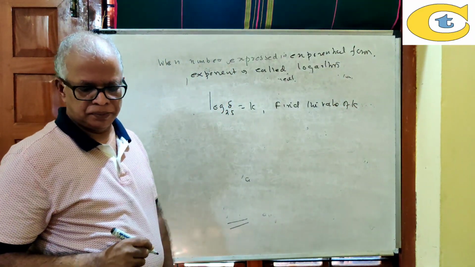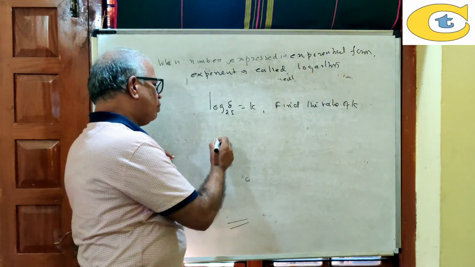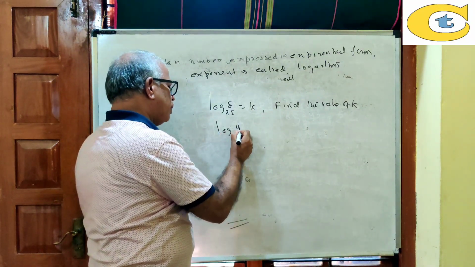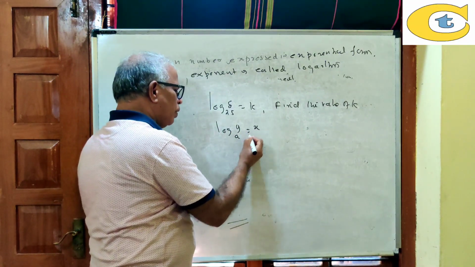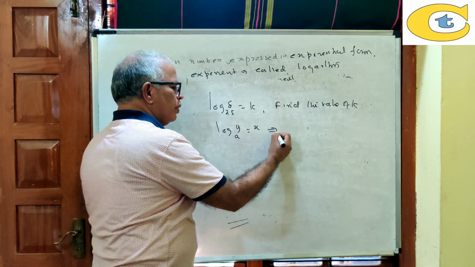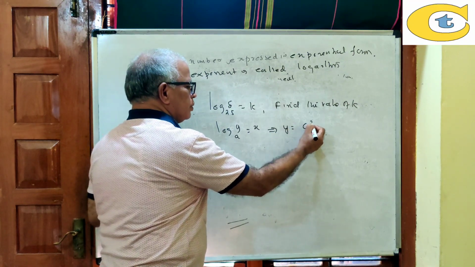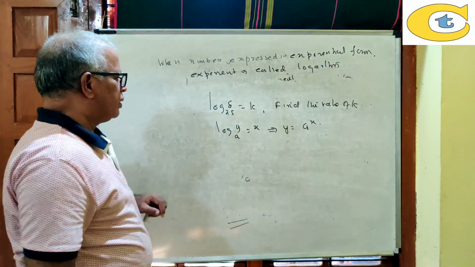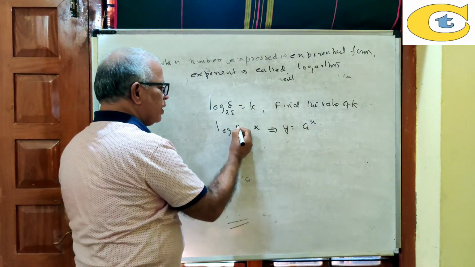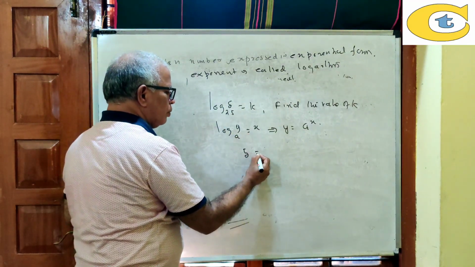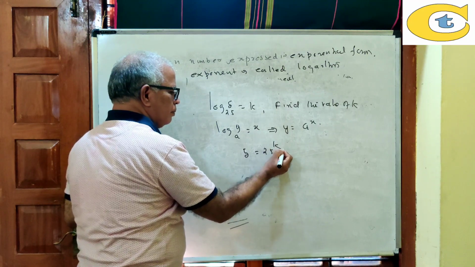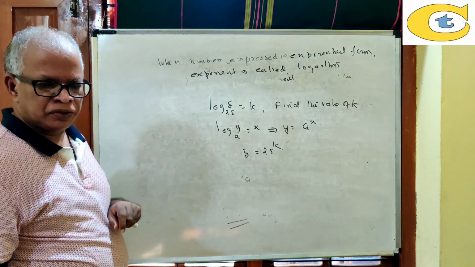Logarithm of y to the base a is equal to x means y is equal to a raised to x. Here y is 5, so 5 is equal to 25 raised to k.